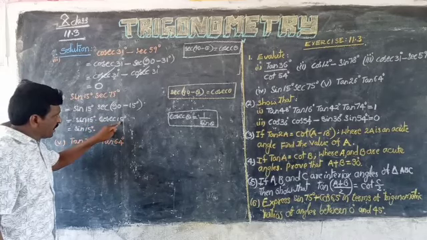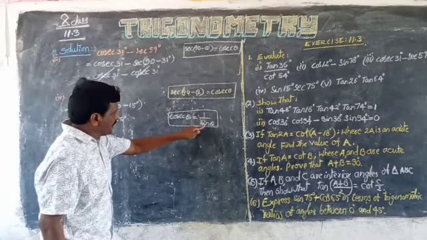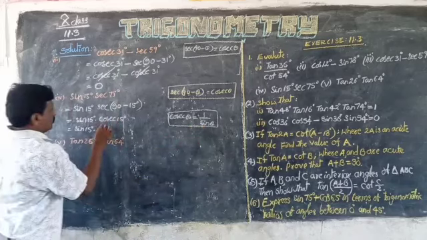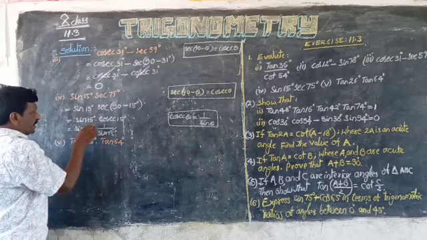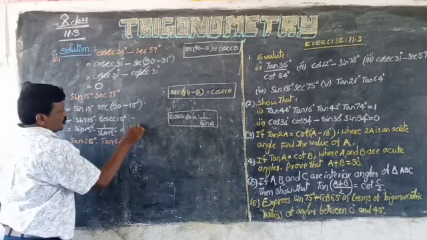So cosecant 15 degrees is 1 by sin 15. Sin 15 degrees cancels, so the answer is 1.